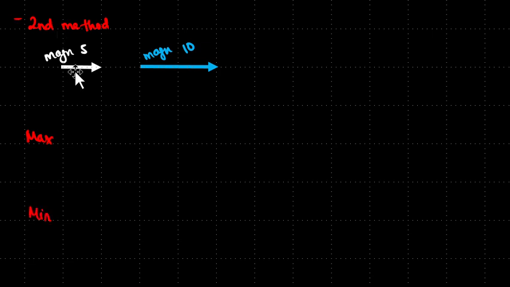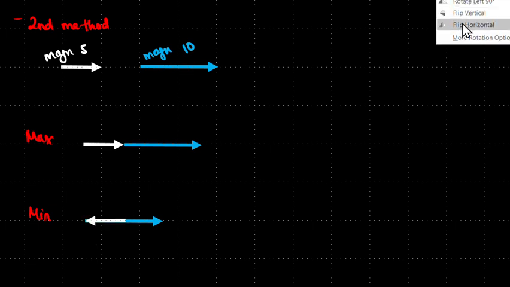So what can I do with these two vectors? Obviously I can just add them up in the same direction, or I can make one of them in the opposite direction. Let's make this one in the opposite direction, which will cancel out that part. So this will cancel out this part.